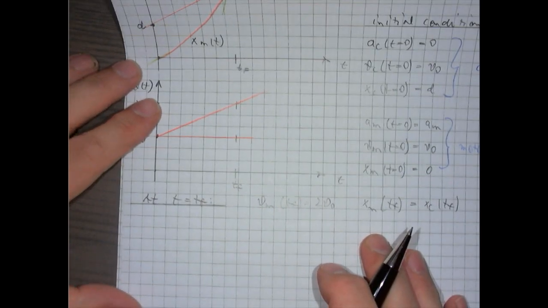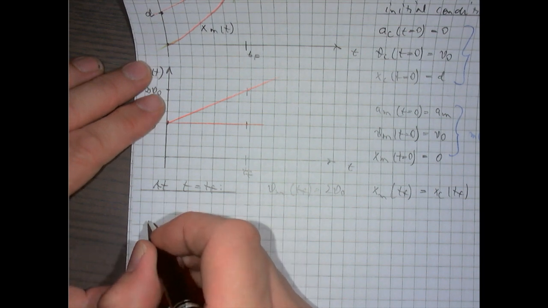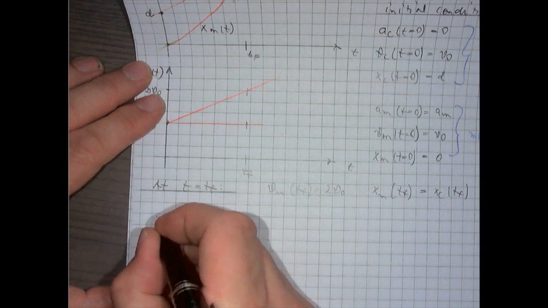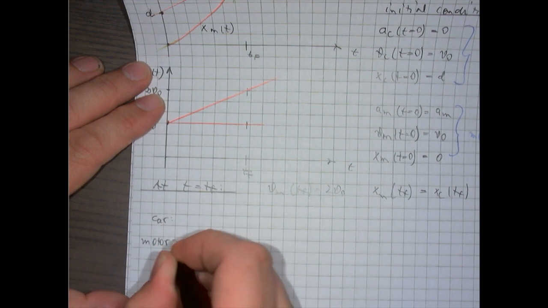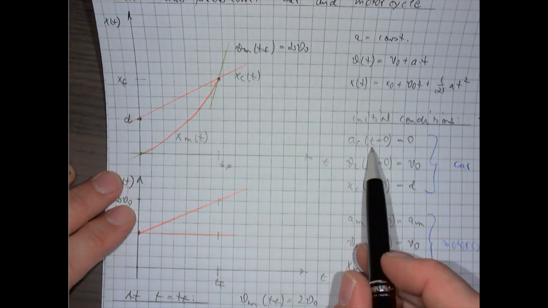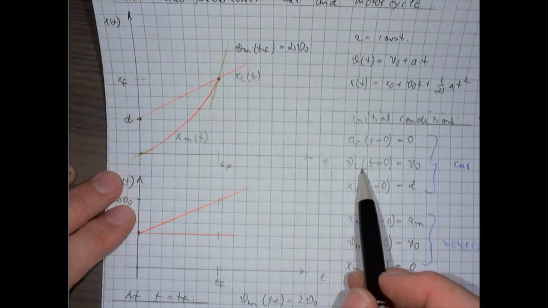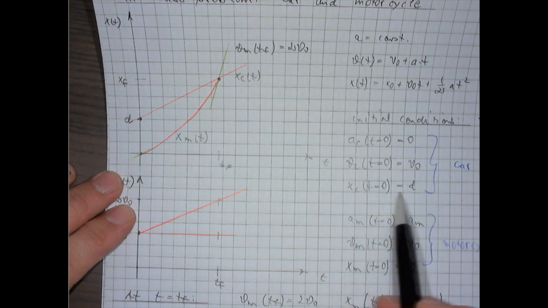So therefore, let's now begin formulating explicit functions for the car and then the motorcycle. So for the car, we know the acceleration is 0, the velocity is v0, the initial velocity continues like that, and the initial location is d.